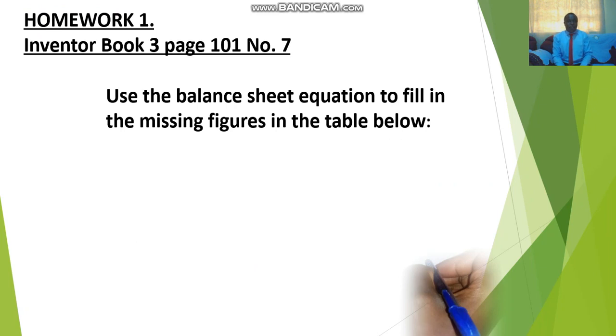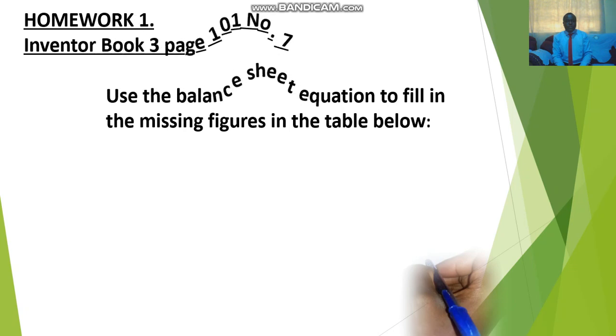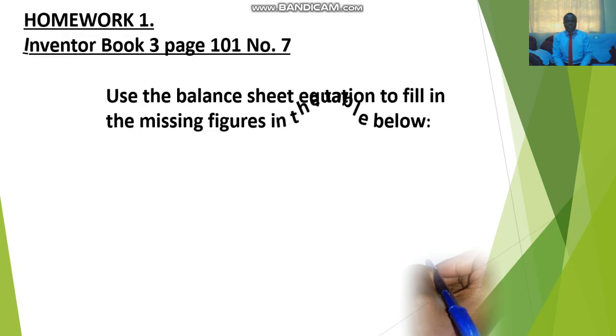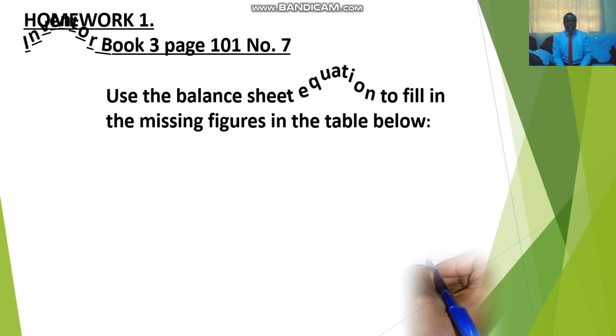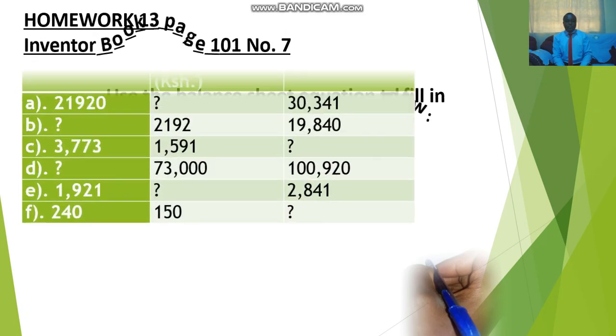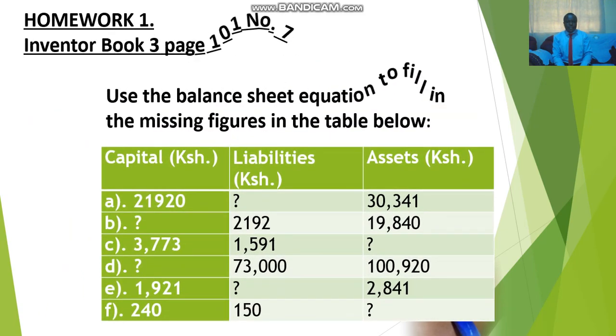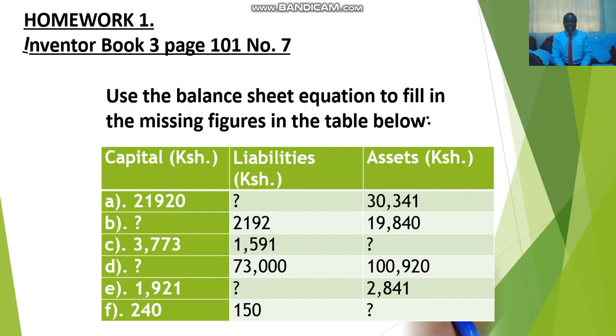Now our homework activity is from Inventor Book 3, page 101, number 7. Use the balance sheet equation to fill in the missing figures in the schedule below. In scenario A, we require to find total liabilities.